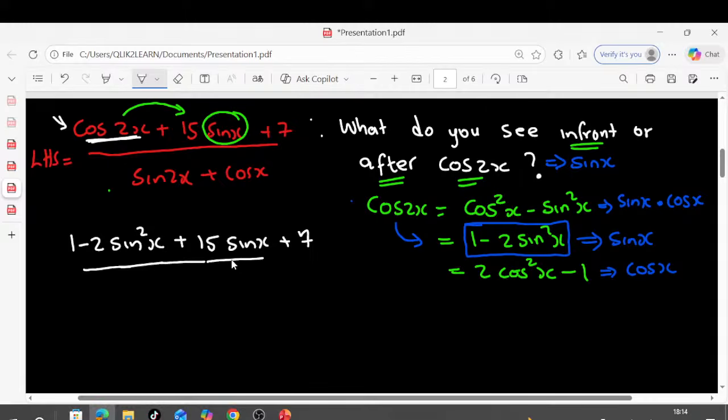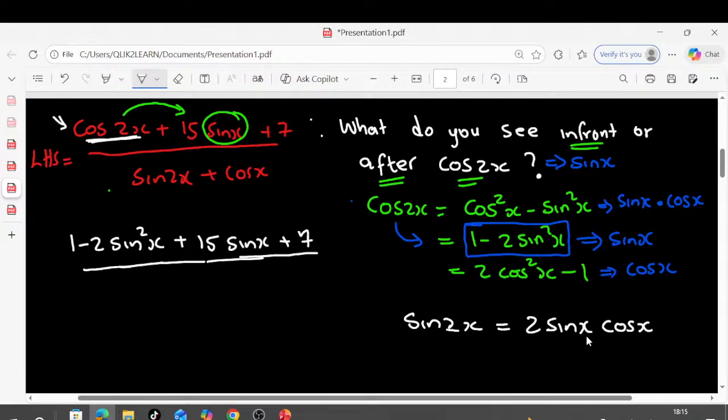Now we need to work on the bottom part. The bottom part, what do we have? Sine 2x. This guy here, the sine 2x, what is that equal to? This is a double angle for sine x. It's equal to 2 sine x cos x. I hope everyone understands that part.